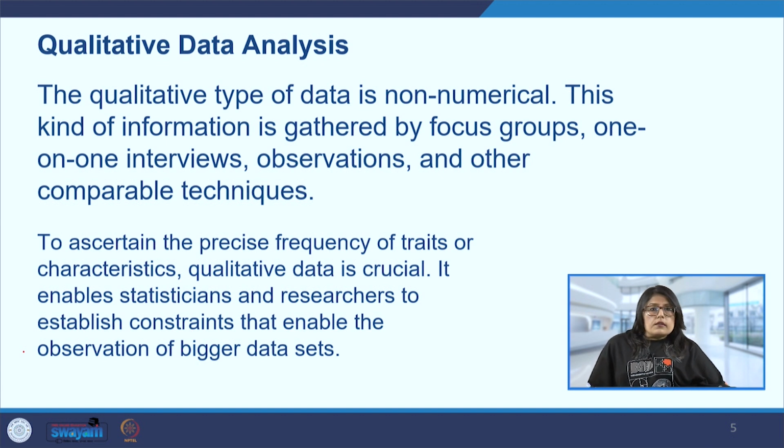We can get this data by conducting interviews, focus group interviews, observations and other techniques, and these give us deeper insights into how people are thinking and going about the decision making process.